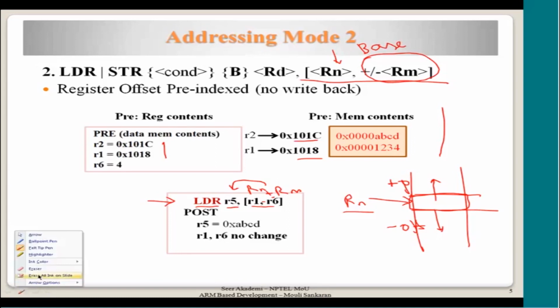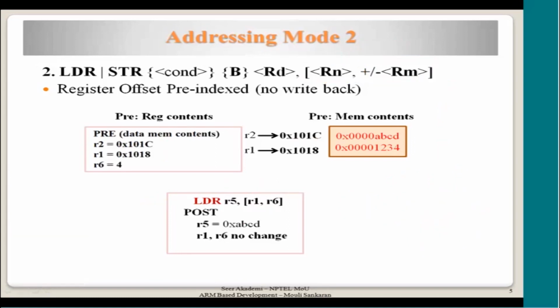Okay. So what happens? R6, what is it having? It is having 4. So 4 is here, and R1 is already having this value. If I add 4 to that, because I do not mention any minus, then it is implicit that it is a plus. Otherwise I should have mentioned it as a minus.